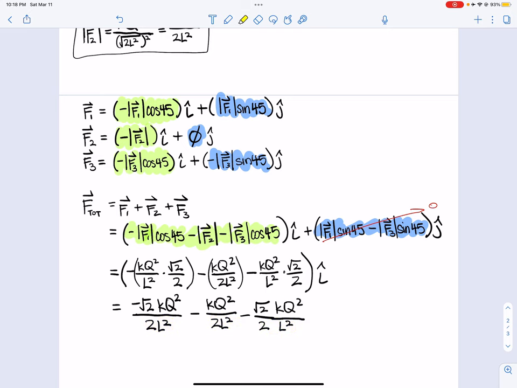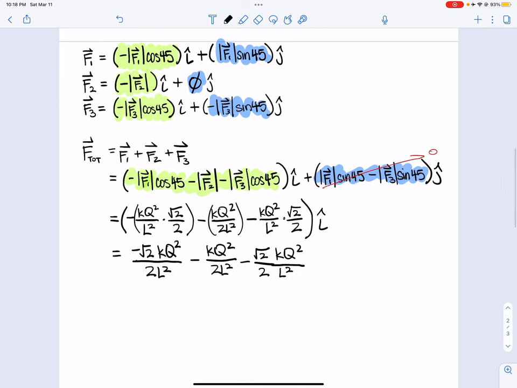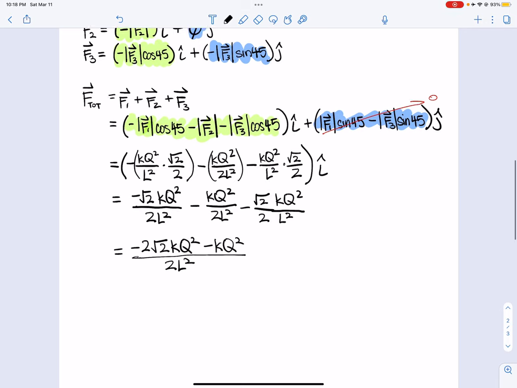We can subtract them together. All right, and we would get that is equal to minus 2 square root of 2 kq squared minus kq squared over 2L squared. Okay. Again, this is all in the i hat direction, or along x, okay?